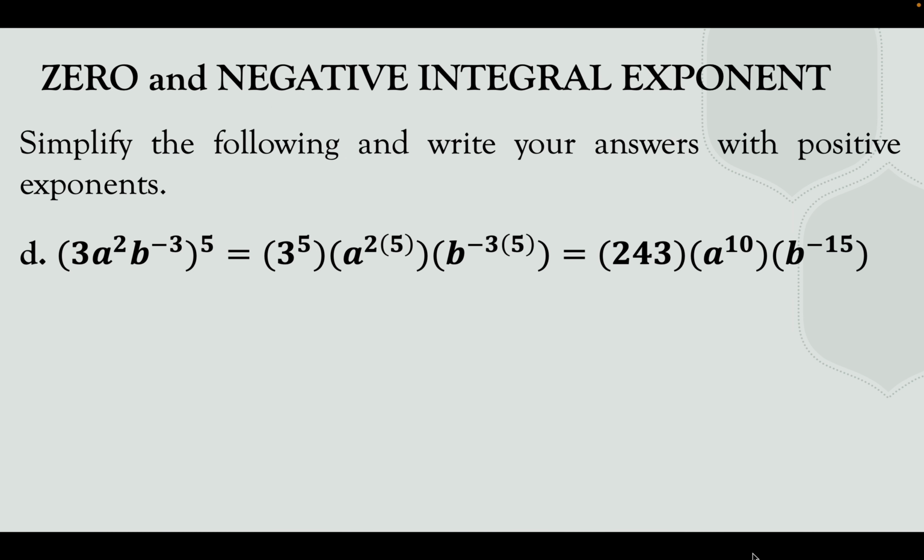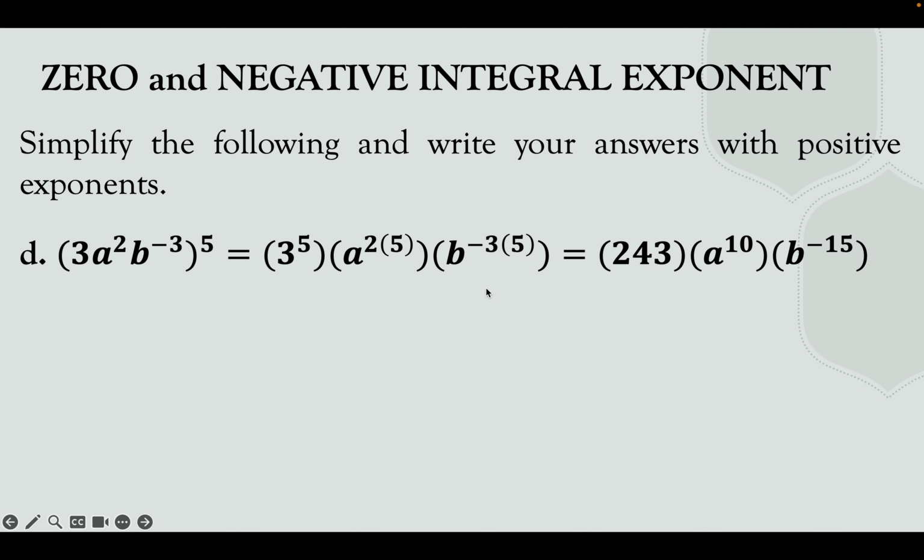Next, we have 3a squared b raised to negative 3, all raised to 5. So you just need to distribute the exponent here. So 3 raised to 5 times a raised to 2 times 5 and b raised to negative 3 times 5. So 3 raised to 5 is 243 and a raised to 2 times 5 is a raised to 10.